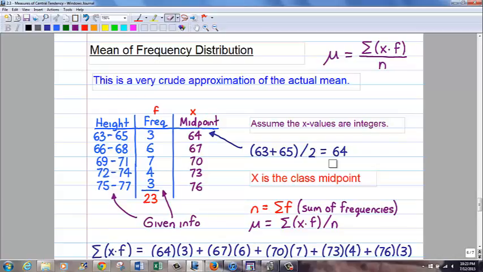No problem. But if you see that the class width is 3, that the lower limit's going up by 3, the upper limit's going up by 3, that means the midpoint will go up by 3. Of course, it's very important you get the first midpoint correct. So then without having to average all the other ones, if you know the first one's 64, the next one has to go up by 3, 67, then you go up by 3.